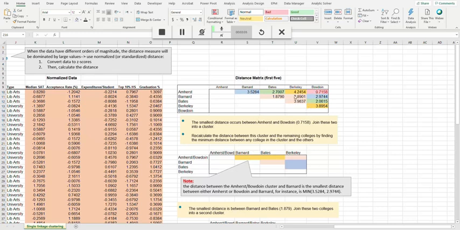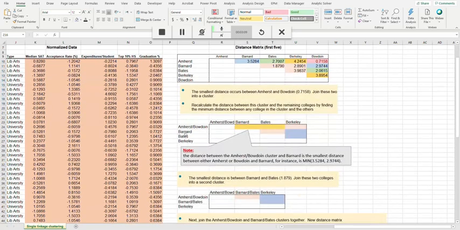We already have calculated the distances, but when we have a cluster and one data point, how do we find the distance? We look at the minimum distance of these pairs because we are using single linkage. Single linkage, if you remember, uses the minimum distance between different pairs and uses that as the distance between that cluster and that data point.